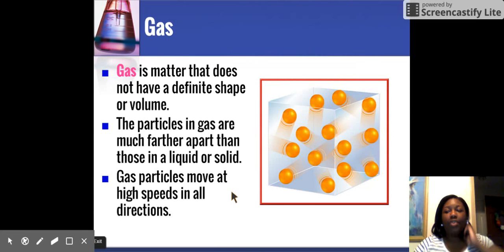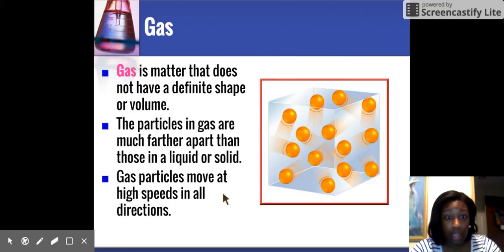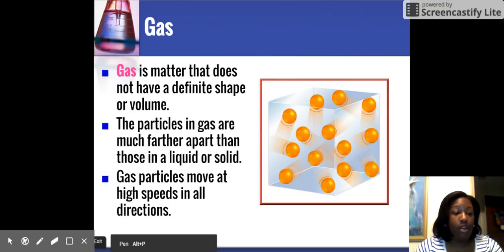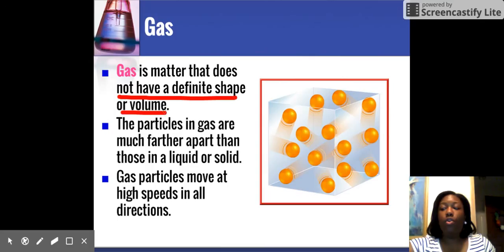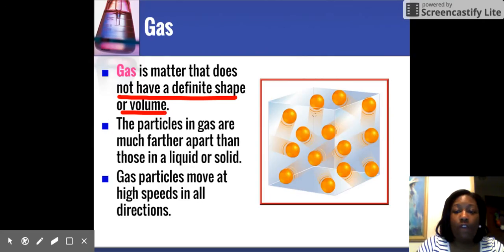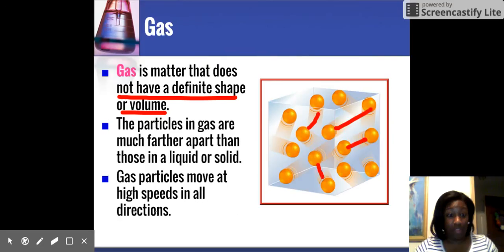So a gas. This is the final one, the gas. Gas is matter that does not have a definite shape or volume, okay? So gases have tons of space. The particles in gases are far apart, as you can see in the illustration right here, compared to the liquid and the solid.